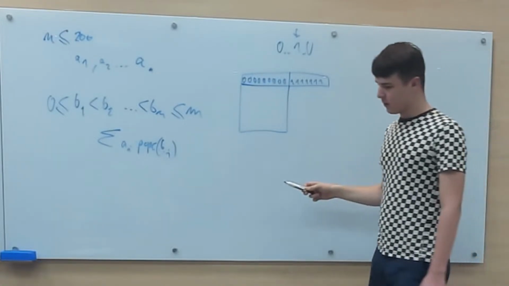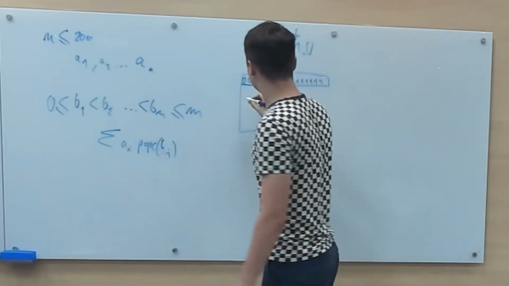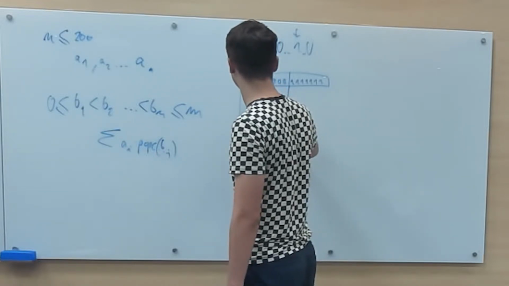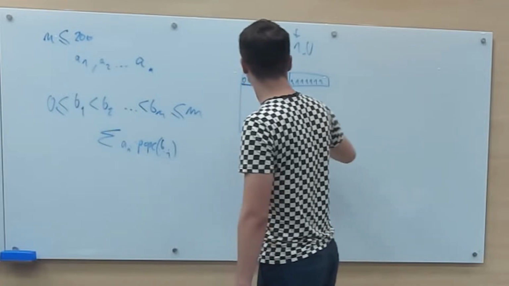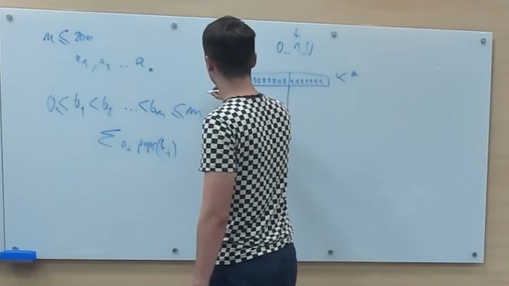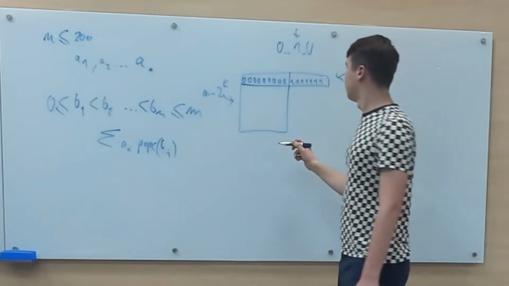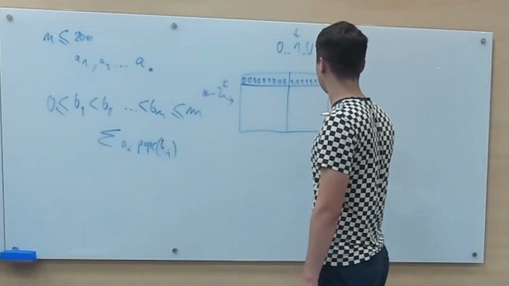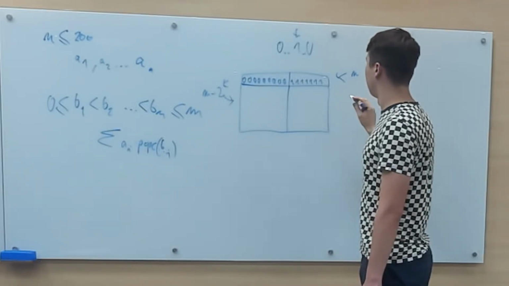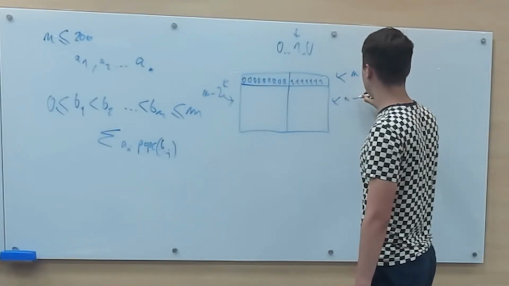We want to solve it on this interval with bound equal to, let's say this was m, so here we have a bound m minus 2 to the power of k, without the highest bit, and here we also have an upper bound of m minus 2 to the power of k.